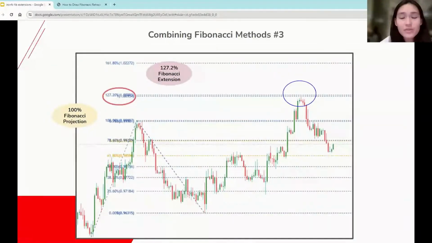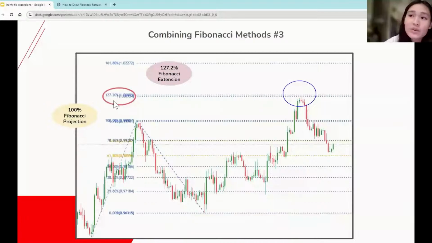So here we also have two Fibonacci methods. We're using extension and projection again. Our extension here is not an inverse extension. We have the starting point at the swing high and the ending point at the swing low, and price retraces past 100% of the V shape, as you can see here.